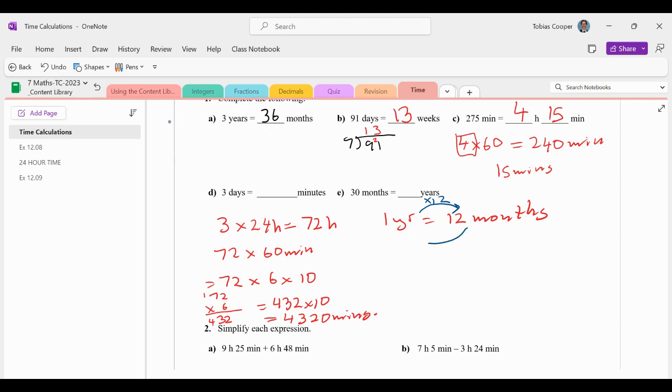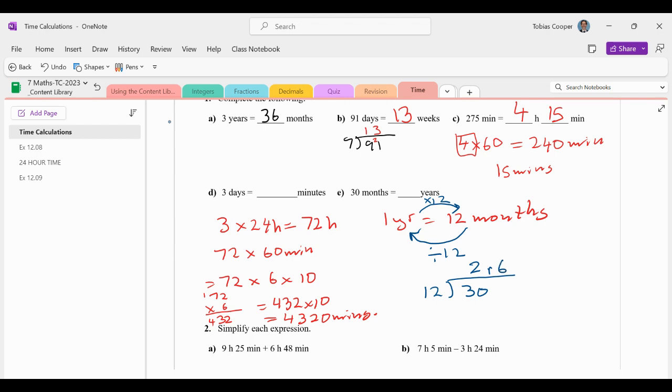To go from months to years, we divide by 12. Okay, so we're going to put 12s into 30 because we're doing division. 12 into 30. So 12 into 30 goes twice. 2 12s are 24, and remainder 6.